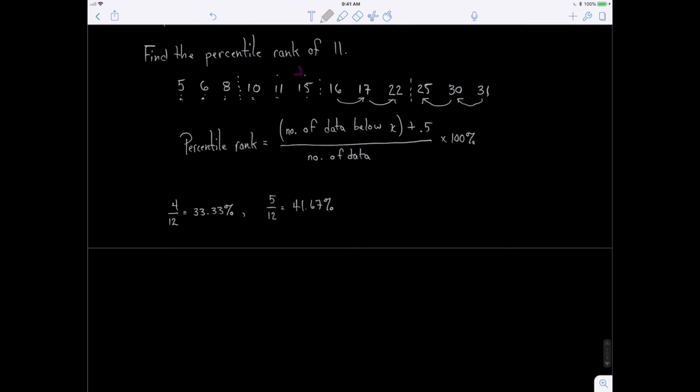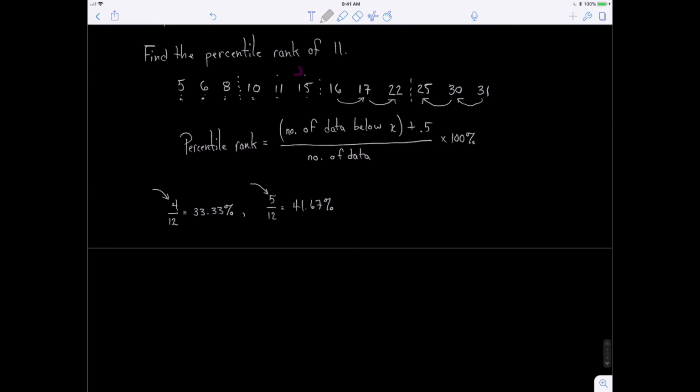But here's the thing. 11 is not above itself. It's just above the 10. If we used 4 here, then the 11 would not be included in that. If we include the 5, the 11 itself, well, it's not above itself. And remember, the definition says it's the number of data of which our value is above.